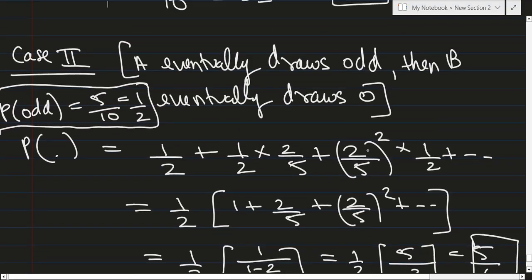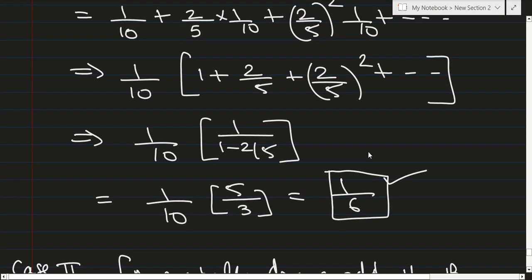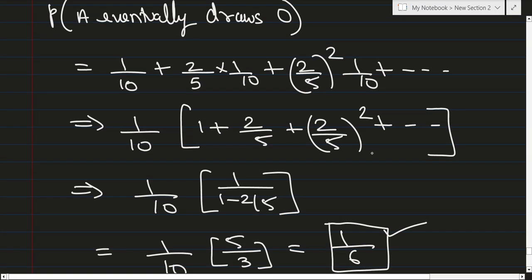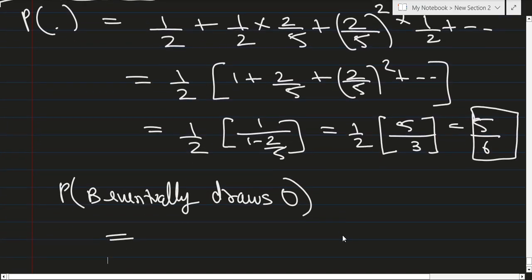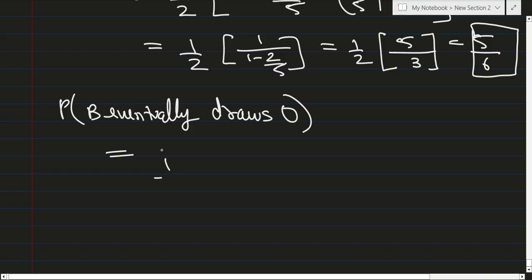We have already calculated in case 1 that the probability of a player eventually drawing 0 is 1 by 6. So this would be again 1 by 6.